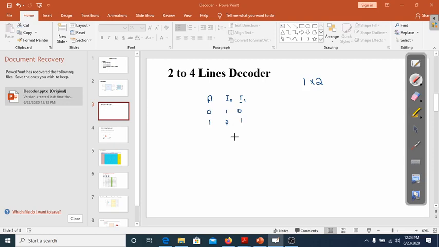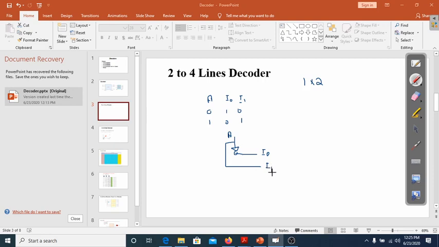So in the circuit I can write it as, suppose this is A and this is the complement of A. When A is equal to 0, I will get the output I0. When A is equal to 1, the output would be I1.